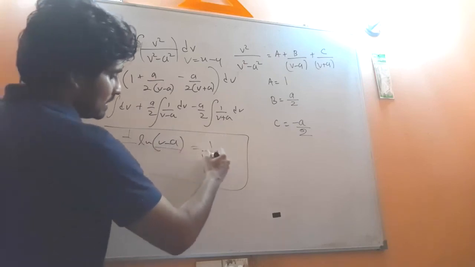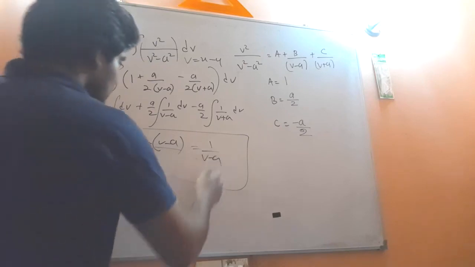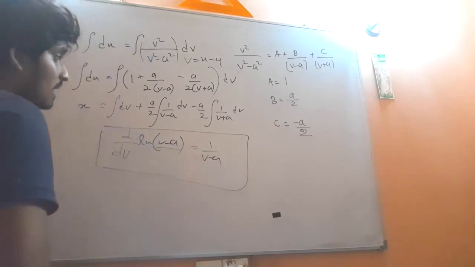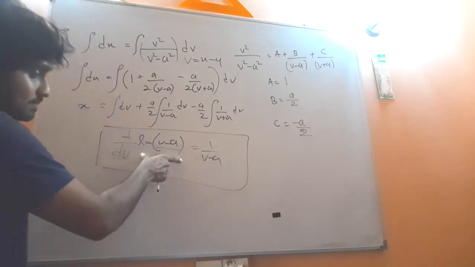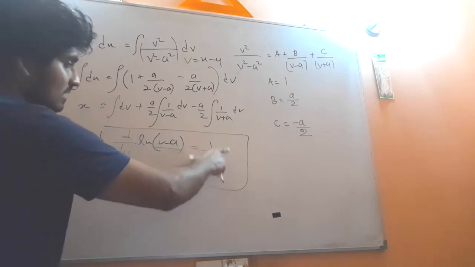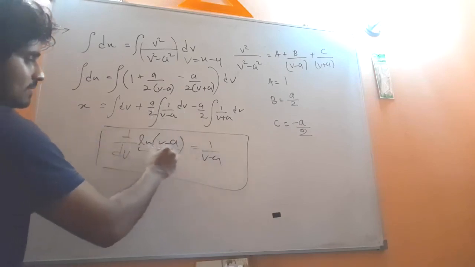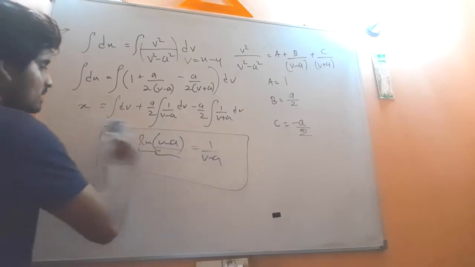So 1 over v minus a. So there is no more further differentiation of this part. So that means after differentiating this type of a thing, you are getting such an answer. So what is the answer for this integral? That is ln v minus a. You got it? Right.